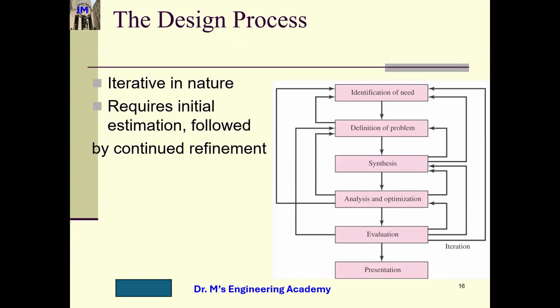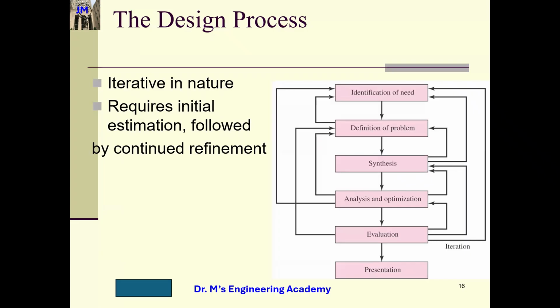But sometimes we need to modify the selection of the material, the selection of manufacturing processes. We need to modify a lot of things, based on the performance. That's the reason we say iterative in nature. It requires an initial estimation, just pat our head to move on, followed by continued refinement.